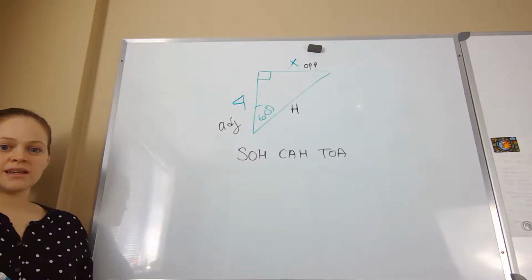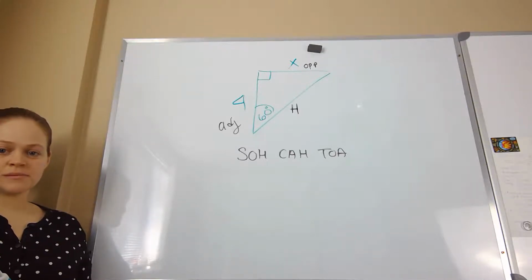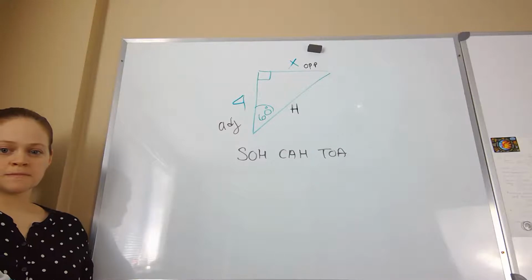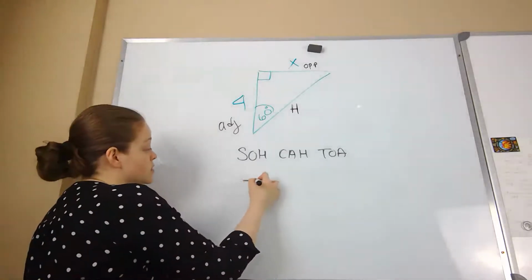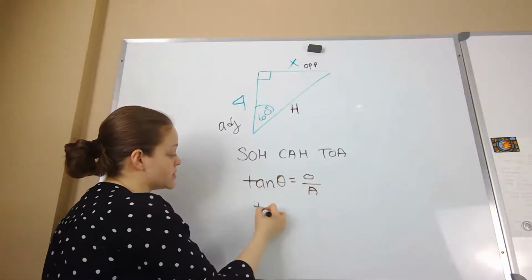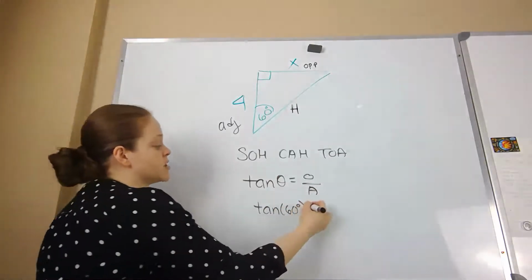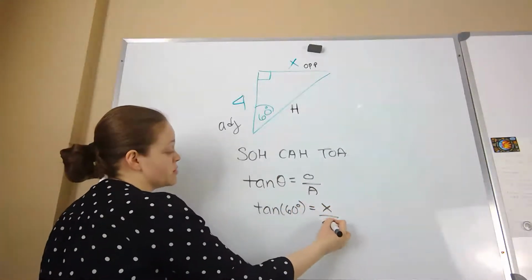So I need my opposite, I have my adjacent. Yeah, we're looking for tan, good. So we know it's tan of the angle is opposite over adjacent, so we know it's tan of 60. My opposite this time is going to be x, my adjacent this time is going to be 4.